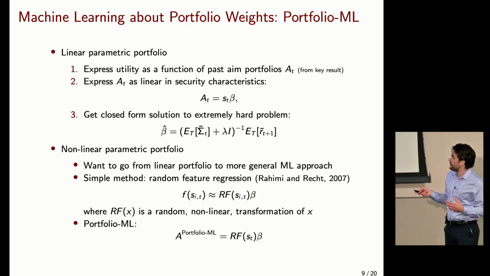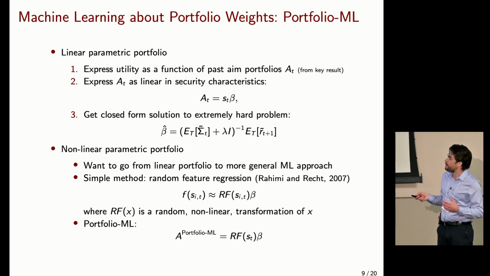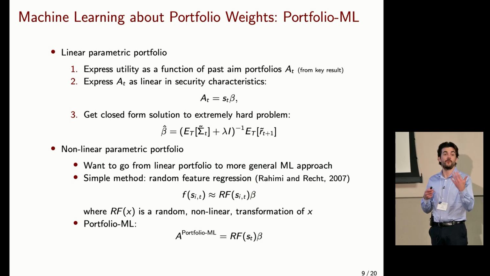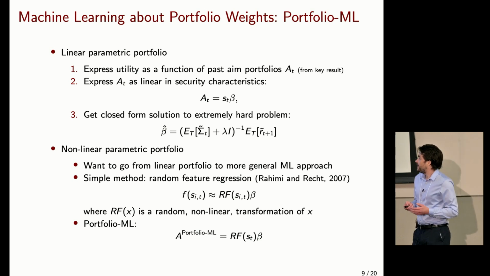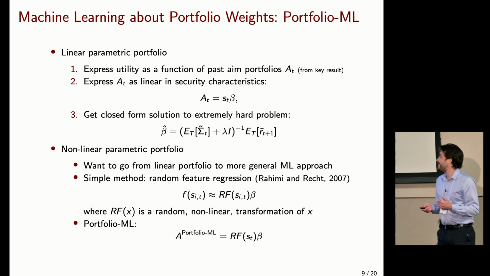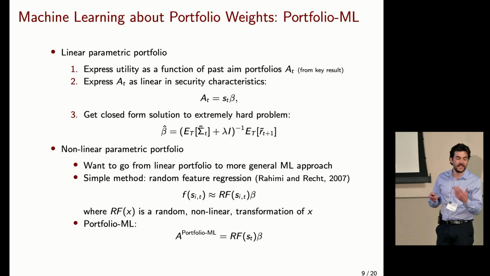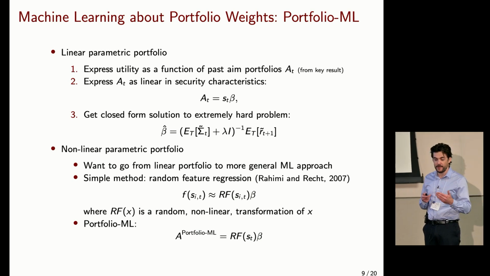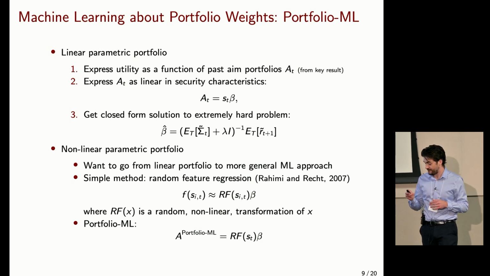So the AIM portfolio is going to be a linear function of these random nonlinear features. Therefore, we can get a closed form solution where the loss function is equal to the investor utility. And obviously, it has some hyperparameters that we need to choose, but we will do that using a validation set.